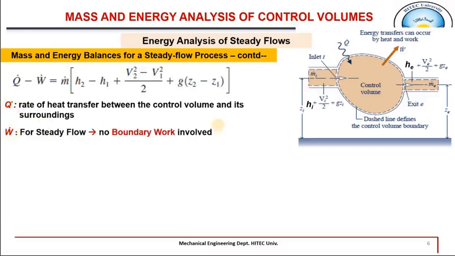And what is W? That is important. Here, for a steady flow system, this W represents a work done, but it is not a boundary work, right? That is the important thing. When we say this is the work which is crossing the system boundary in a steady flow system, this work is not the boundary work, because this is a steady flow system, and this is its boundary.